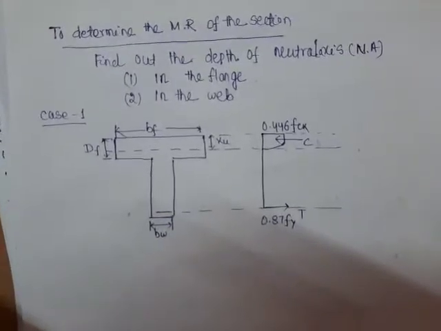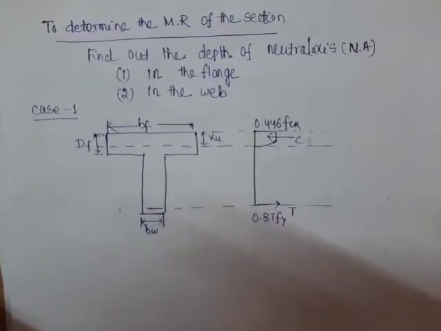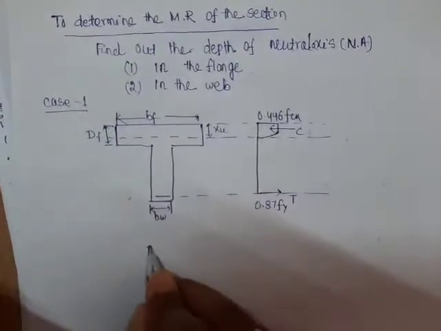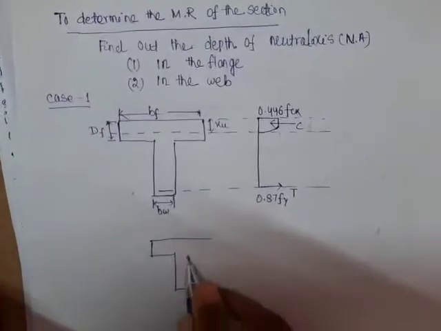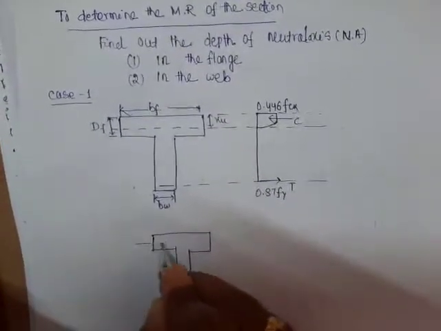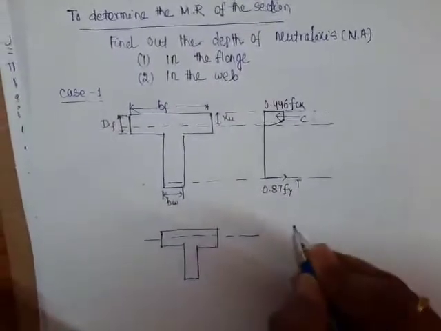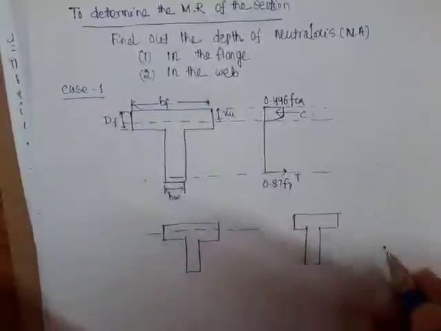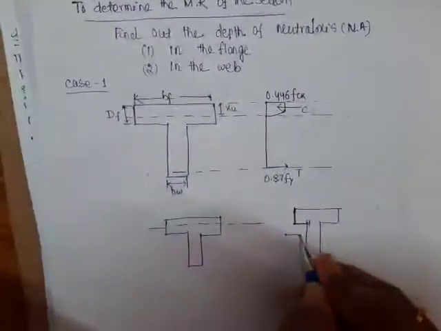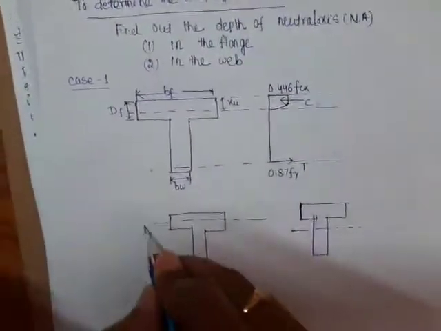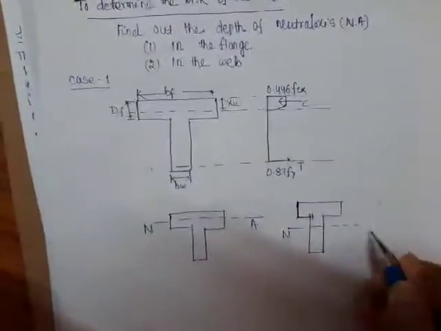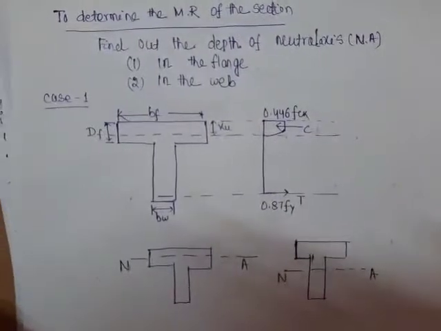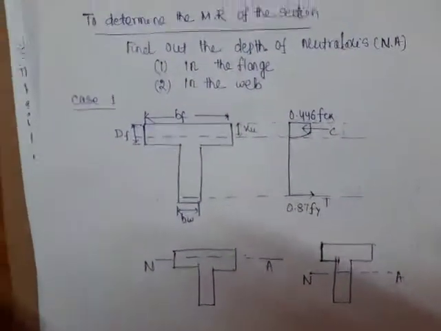Either the neutral axis will lie in the flange, or the neutral axis lies in the web. So the first case is neutral axis lies in the flange, and the second case is neutral axis lies in the web part. So let us discuss the first case, when neutral axis lies in the flange.